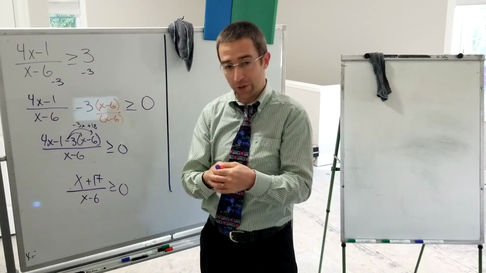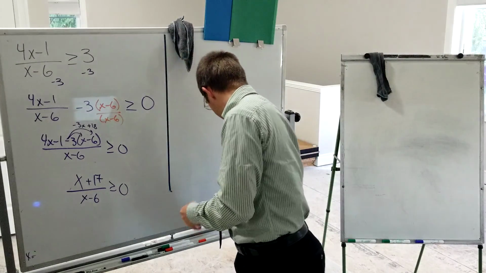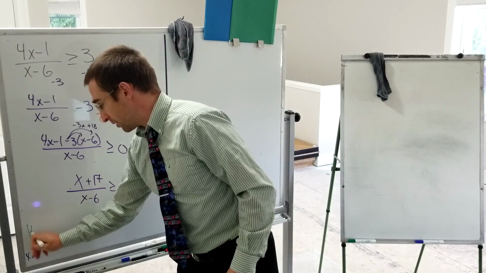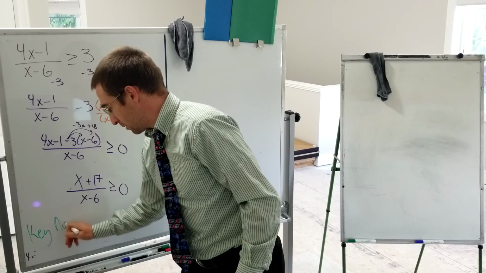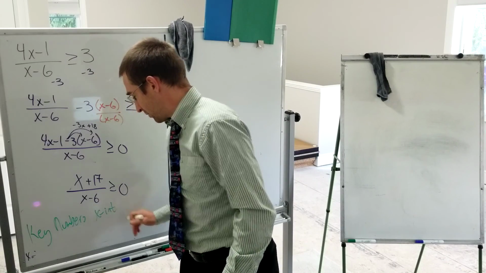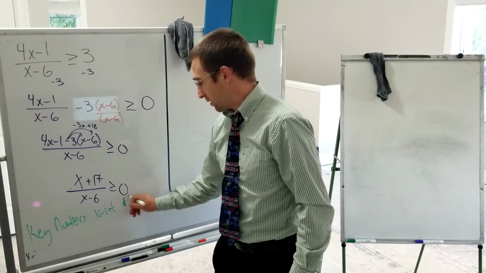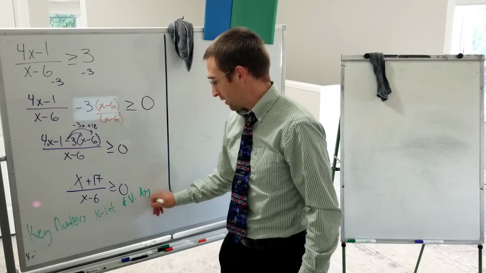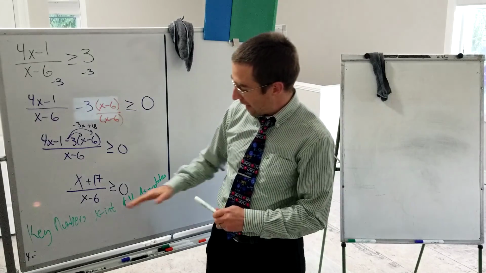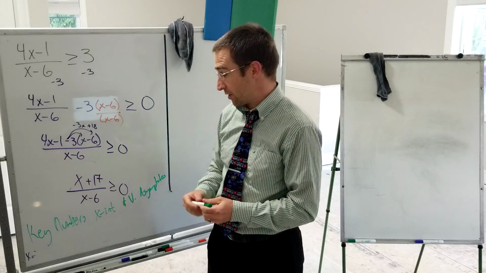We want to find our key numbers. The way to find our key numbers, remember, because it is a rational expression, the key numbers here are the x-intercepts, or the zeros, and the vertical asymptotes. So we're going to have an x-intercept when the numerator is 0.